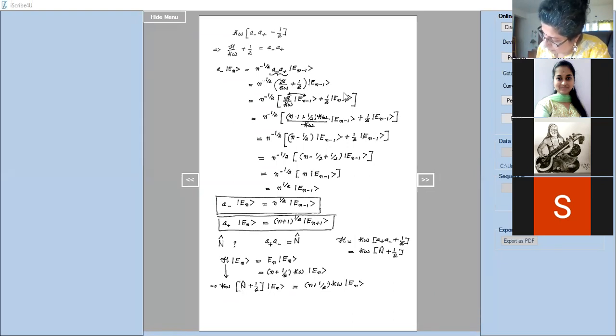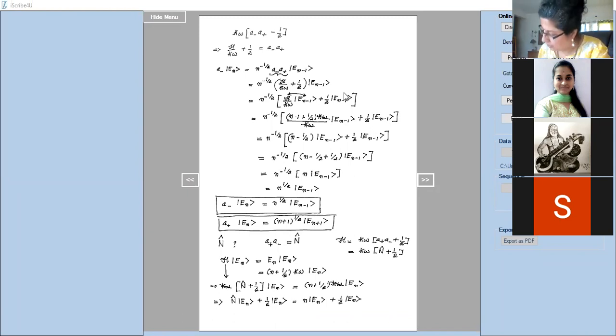So now look at it, this h cross omega, these are just numbers. So I'm going to just cancel it out. So now we can write it as n acting on En plus half of En is equal to small n acting on En plus half of En.